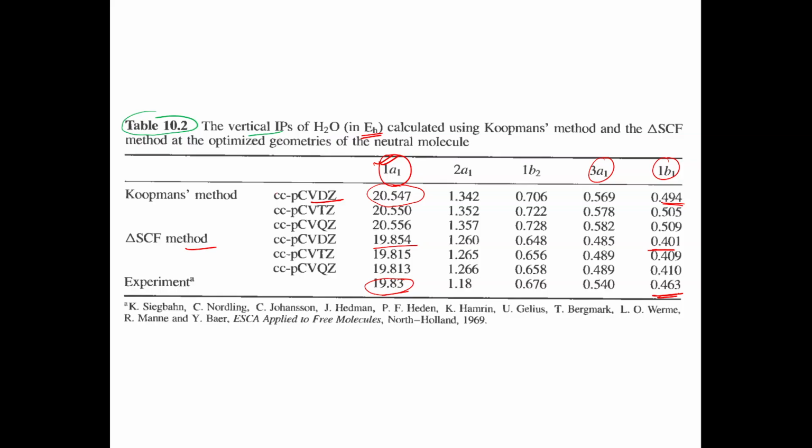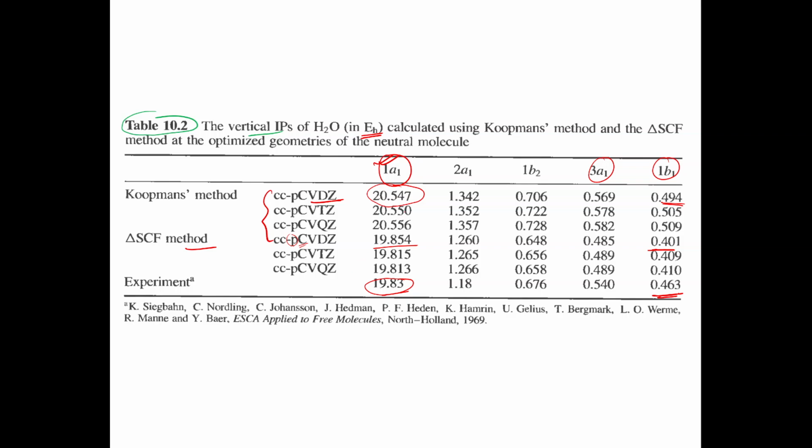And now if you look at the basis set, you are going from DZ, TZ, QZ. Now in the slides I'll tell you what the P means and what the C means. Actually this P is polarization, this C is for core, this V is for valence, D for double zeta, Q zeta, triple zeta basis set, right?